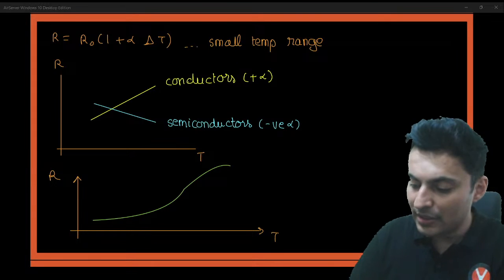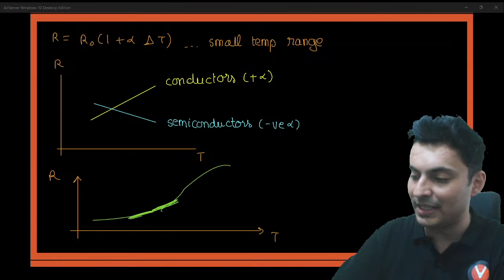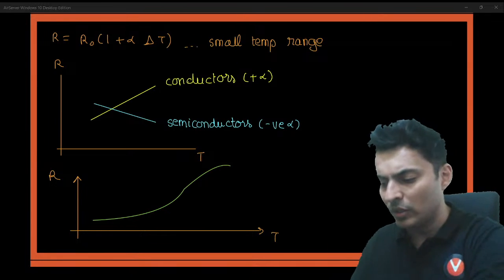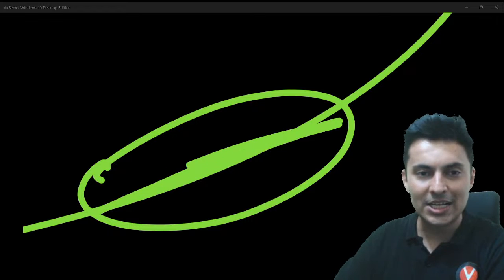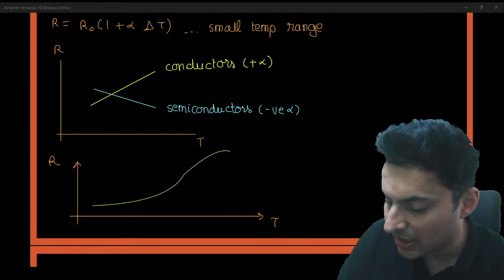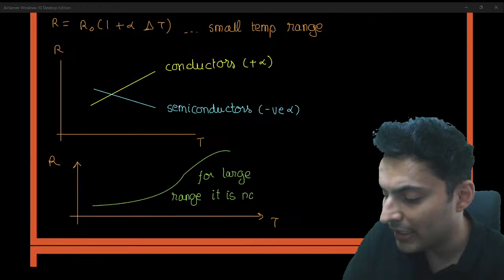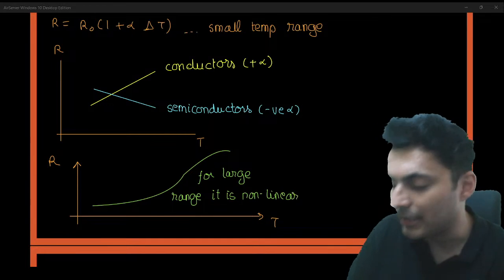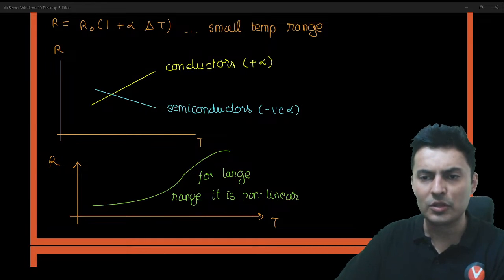It is only a straight line for a small range. You can see it's curved, but not so greatly, so for a small range it is almost like a straight line. Understood? So for a large range it is non-linear; it is linear only for a very, very small range. Keep this also in mind, my dear students. Very good. Excellent.